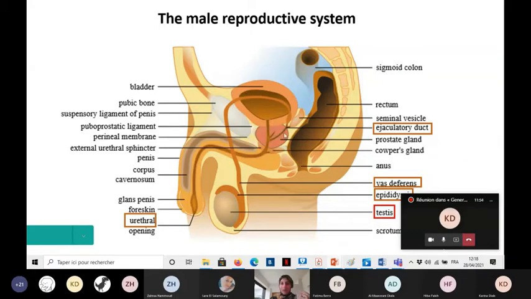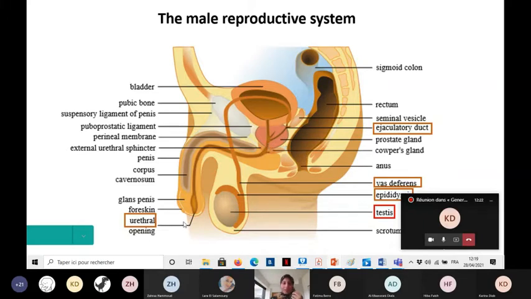And then we have the ejaculatory duct. The ejaculatory duct is the continuation of the vas deferens, but after the urinary bladder. The two vas deferens will diverge into the ejaculatory ducts here.